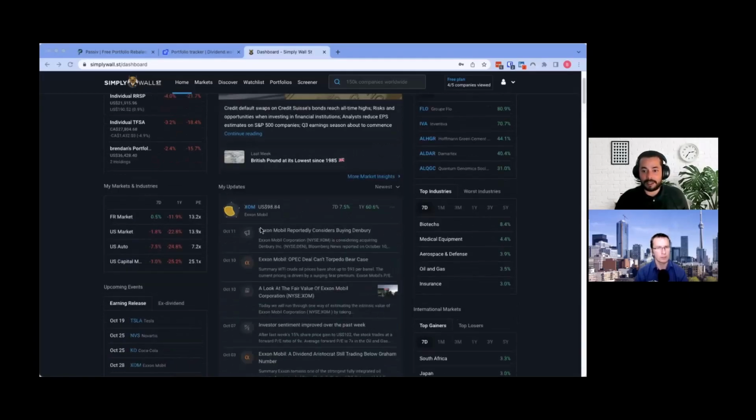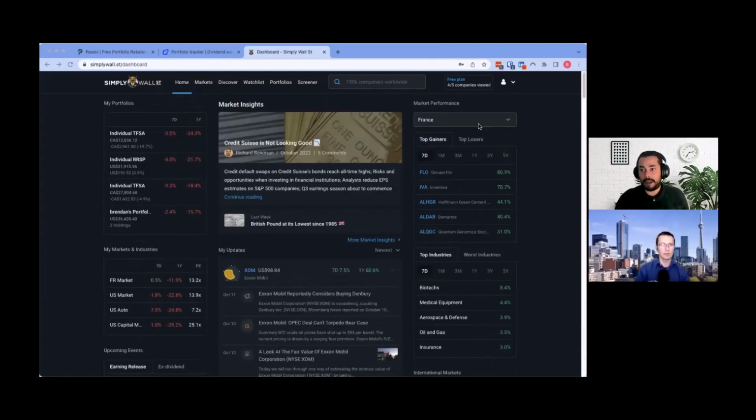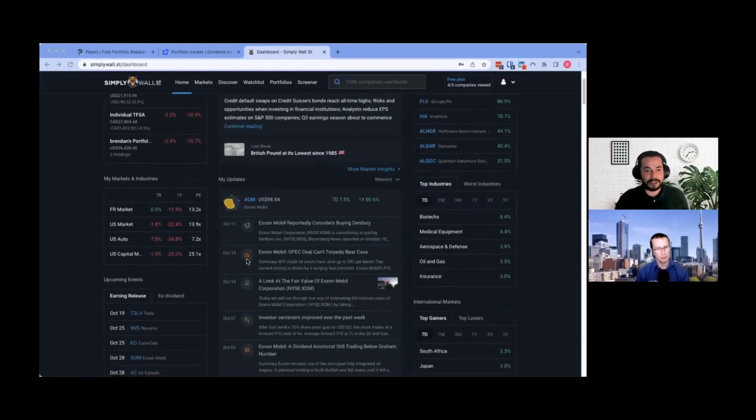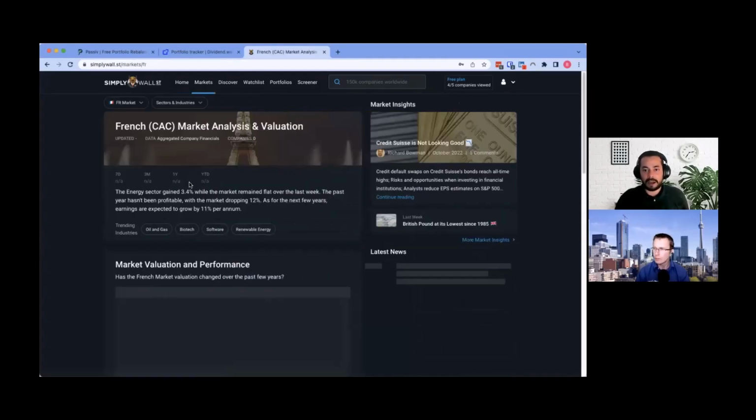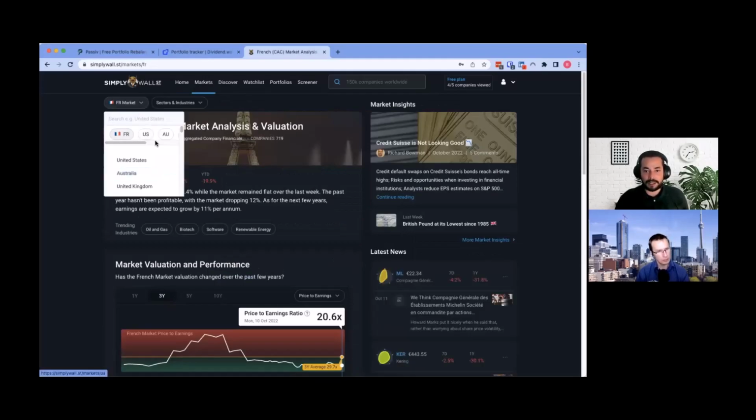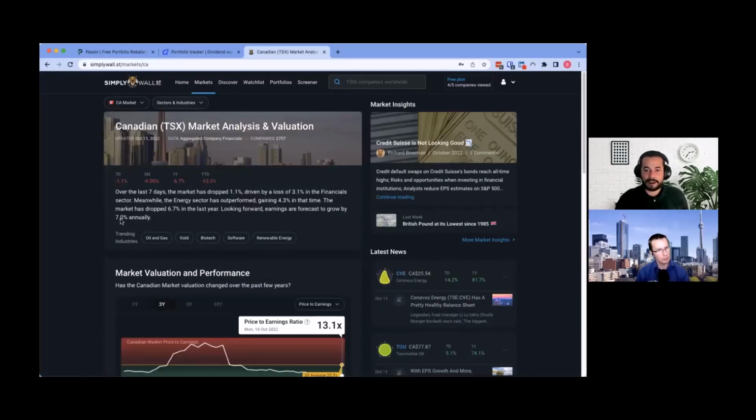Then they give you updates on your holdings right here in this central area of the page. I don't look at the top gainers, losers, and industries much. I focus more on understanding what's going on with the stocks that I have. What I like about Simply Wall Street is that I could, let's pick on Canada for example, pick a market or sectors and get an understanding of how the markets are performing.